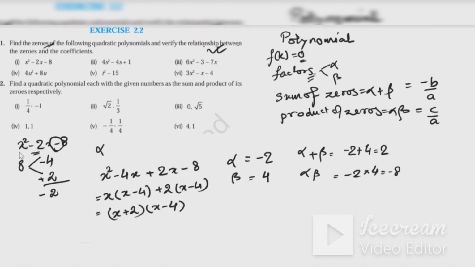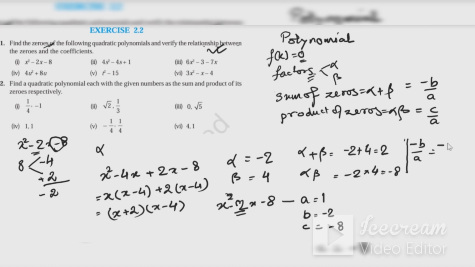Now from this equation that I have, x square minus 2x minus 8, what is the value of a I have? A is equal to 1. What is the value of b I have? Minus 2. What is the value of c I have? Minus 8. So herein I will tell you what is minus b by a.